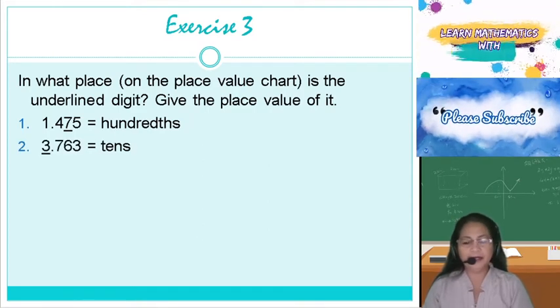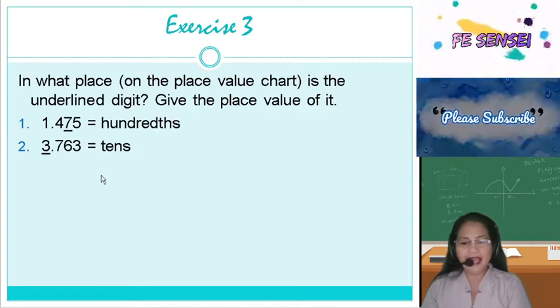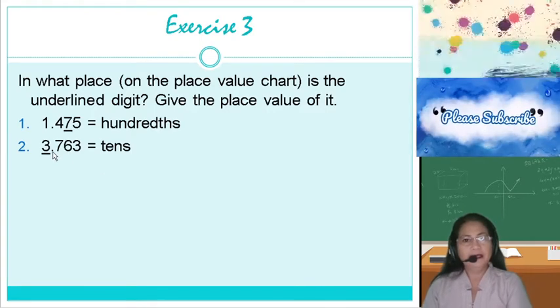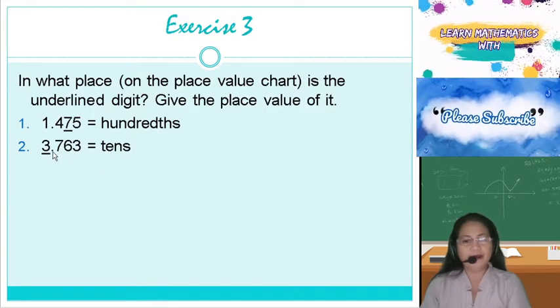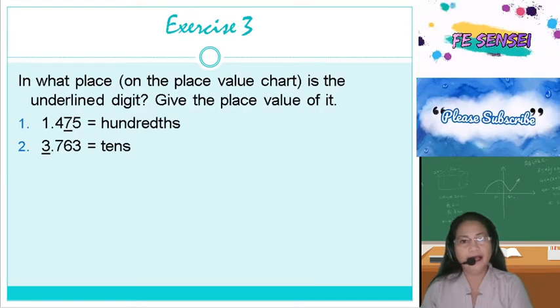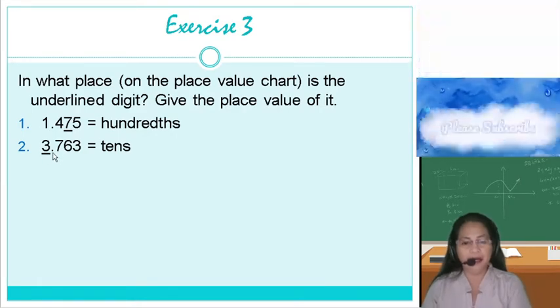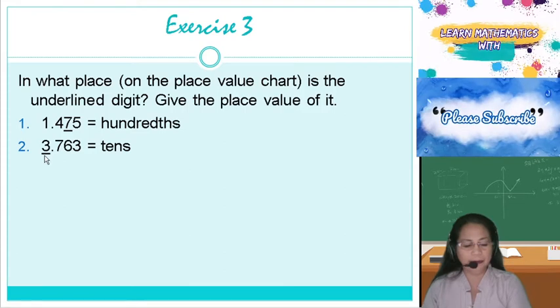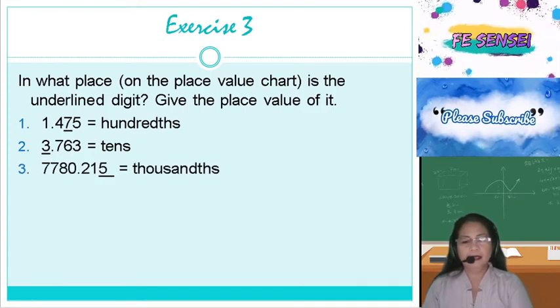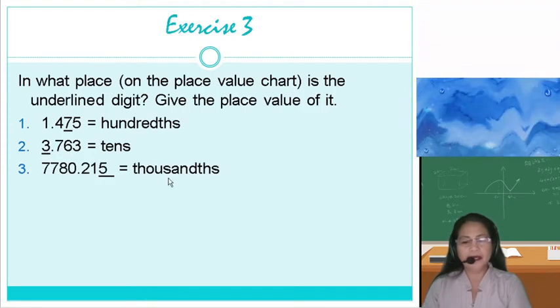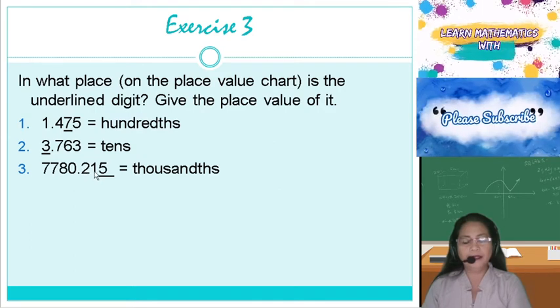Okay, number 2. 3. And it is written to the left of the decimal point. Therefore, it is a whole number. This is in the tens place. Then, count. 1, 2, 3.